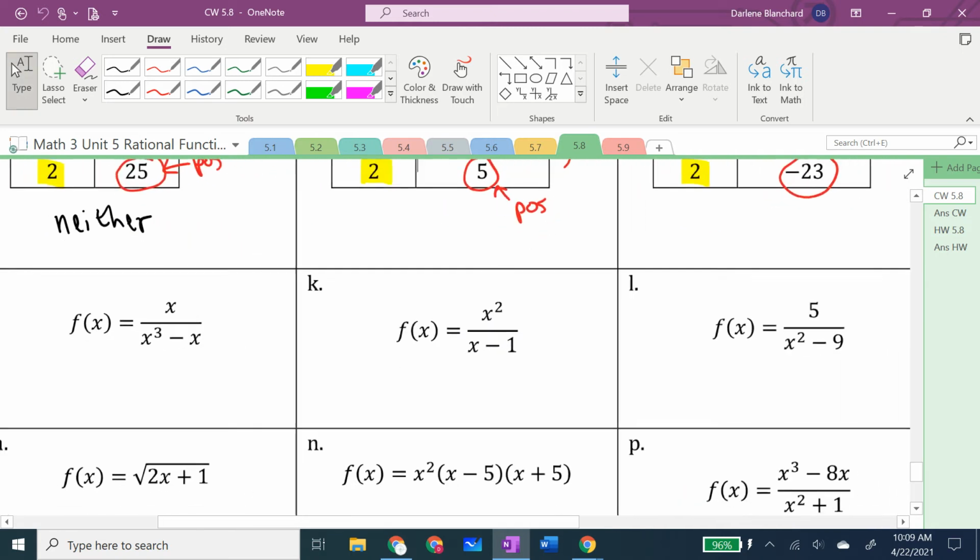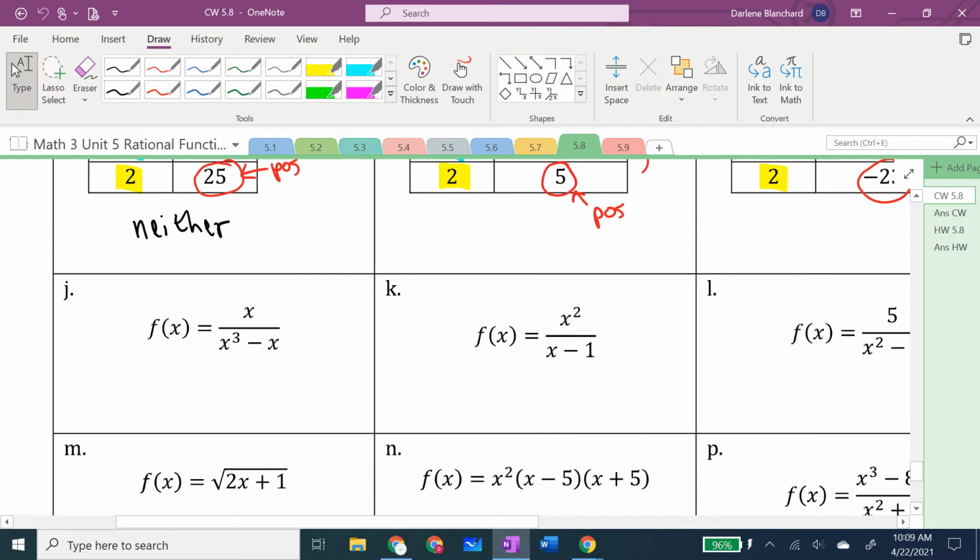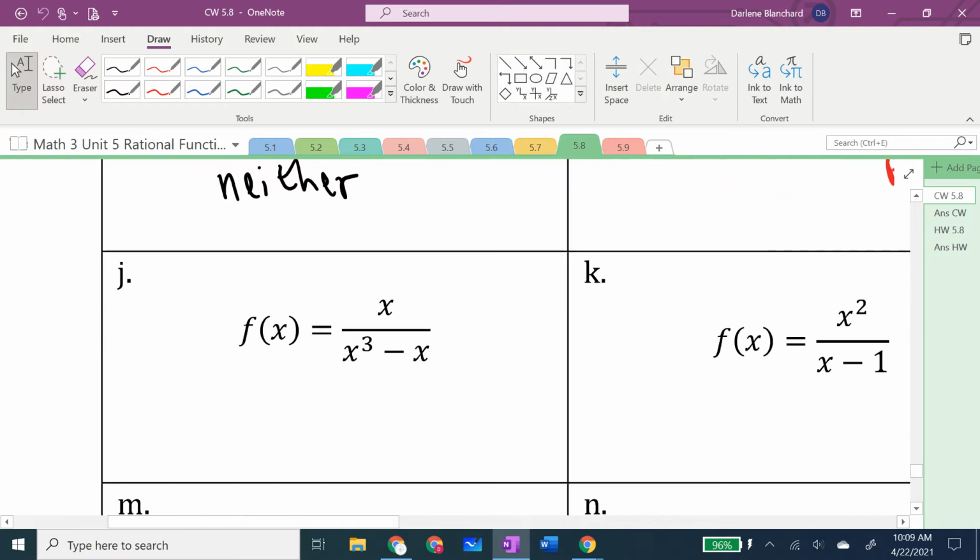And that's what J, K, and L are here for. So let's start with J. For the numerator polynomial, is that an even or an odd function? Or neither? It is odd.